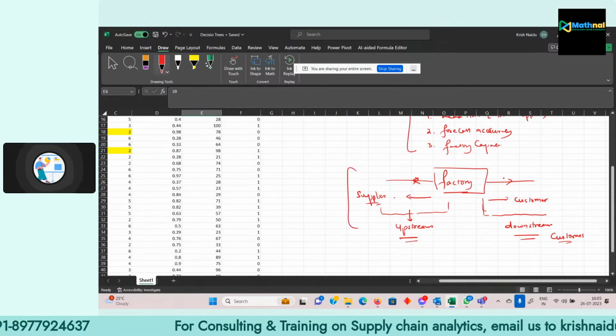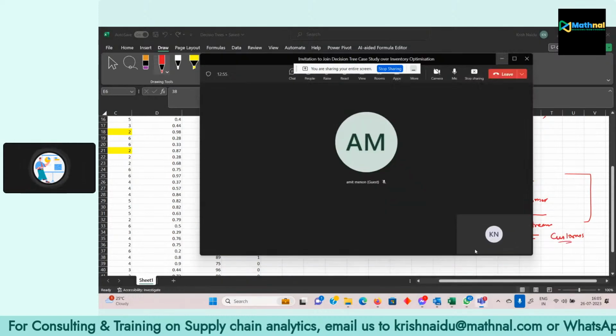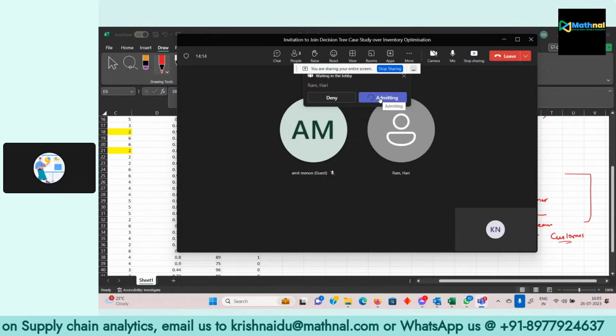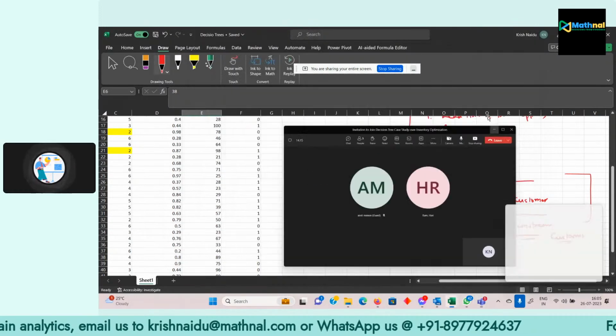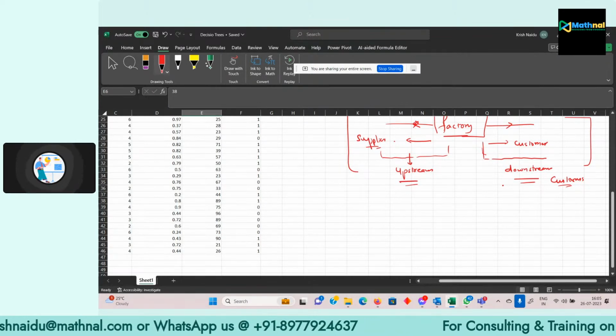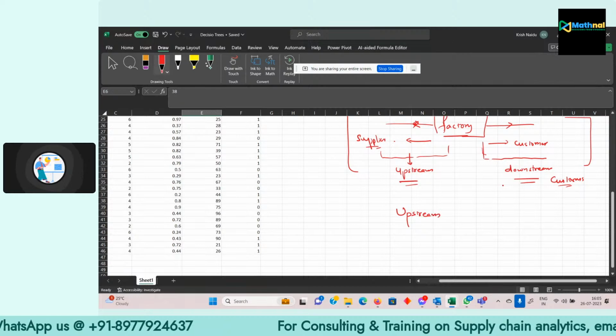So what we're trying to do here is connect our upstream with the stock out rate of the products.